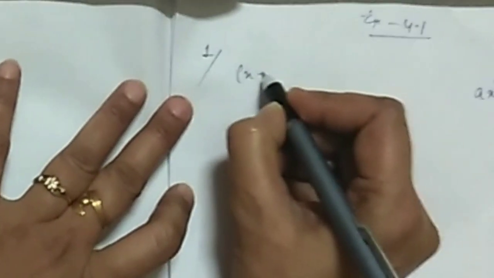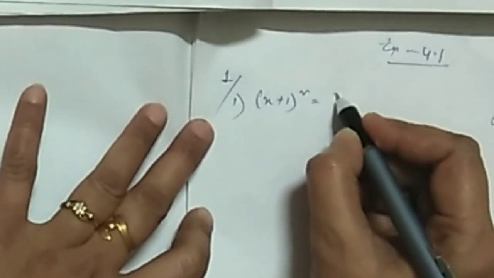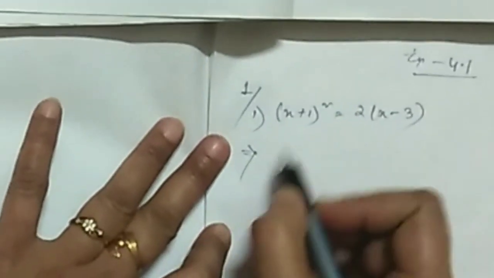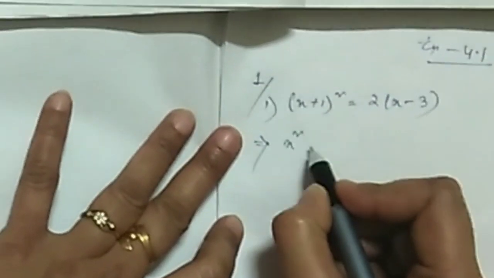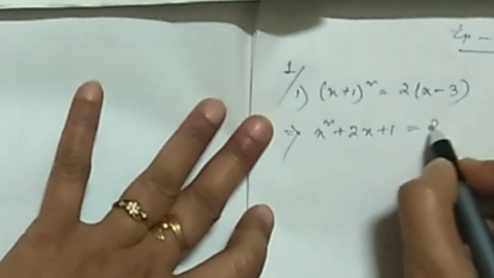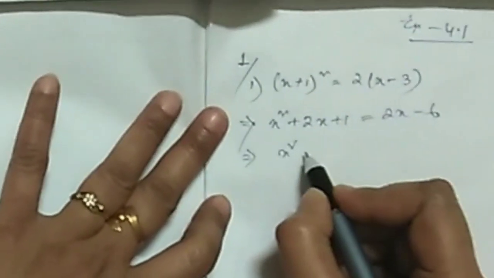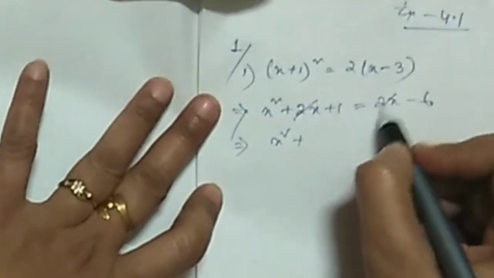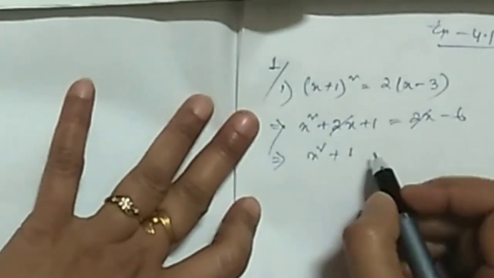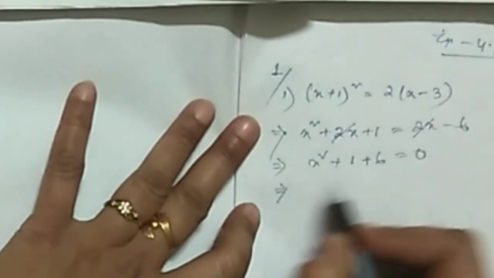Question number 1, (x plus 1) whole square is equal to 2x minus 3. Let's start. x square plus 2x plus 1 is equal to 2x minus 6. Here 2x and 2x are the same, so they will be cancelled. There is 1, and this minus 6 will come here and become plus.